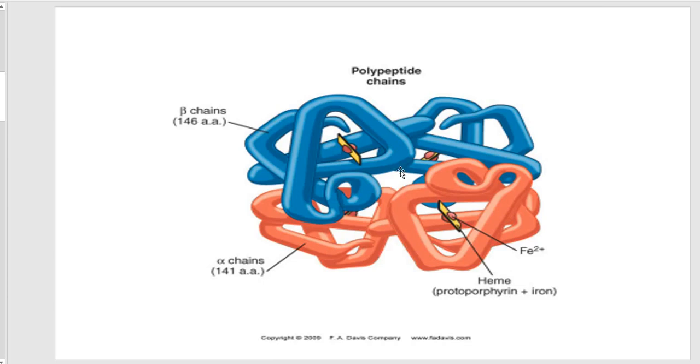These are weak bonds that help sliding of both dimers, and this will change the position of both dimers in the condition of binding to oxygen and the condition of unbinding with oxygen.